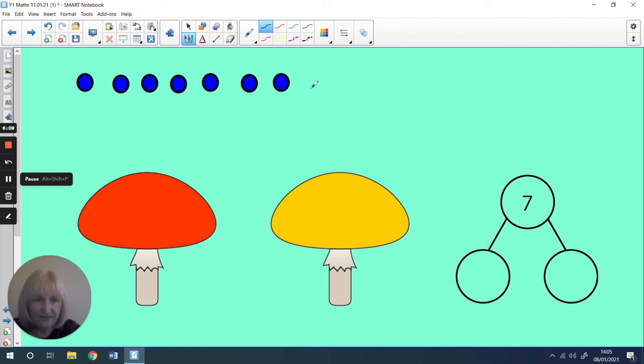So pause the video and have a little go and see what different bonds you can think of that would still total 7. If you find it tricky, maybe you could get 7 buttons from your house, or 7 toys, or 7 pencils, and then you can divide them onto 2 circles or 2 mats or 2 pieces of paper, and that might help you. Okay, have a go.